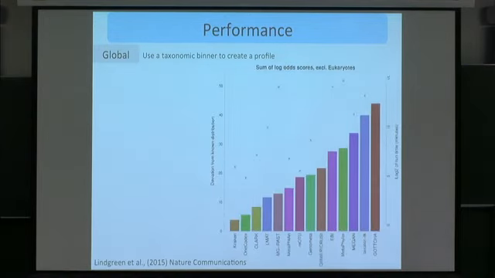You often see plots like this, from a really nice paper last year, a large-scale comparison of metagenomic methods. They have individual samples, take just the reads, and use all these methods on just the reads.